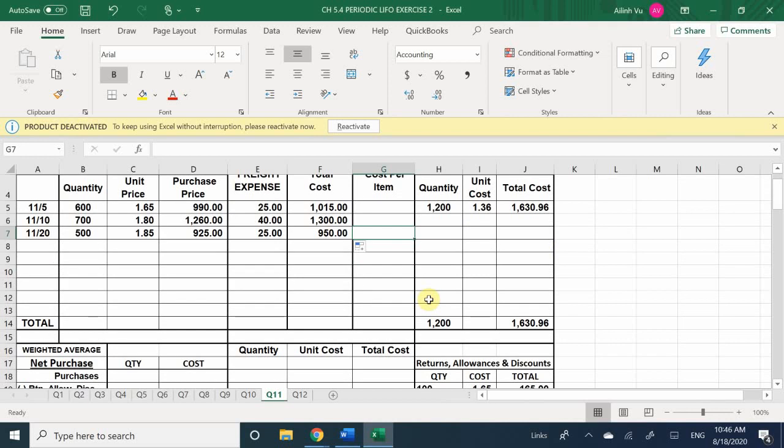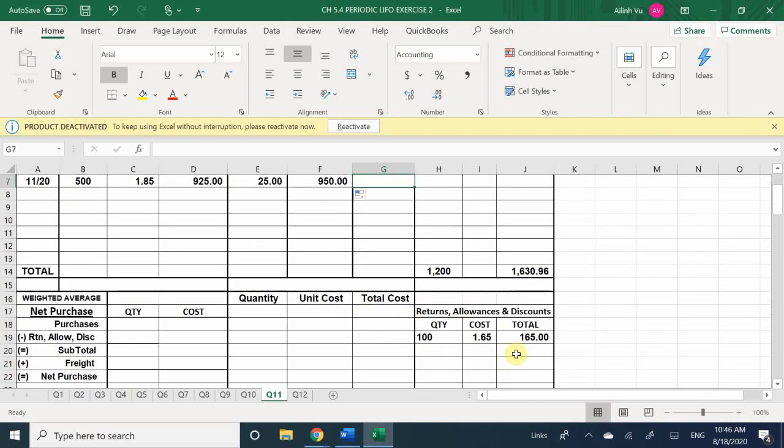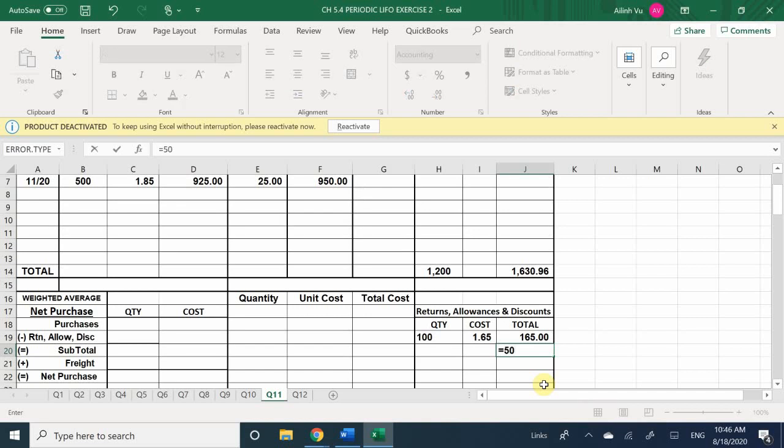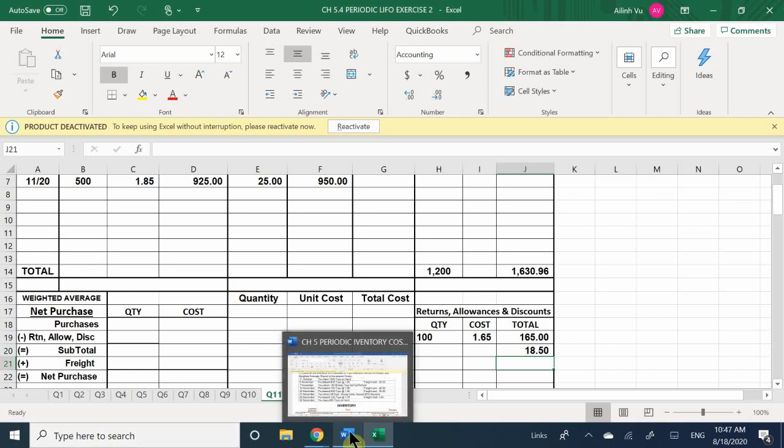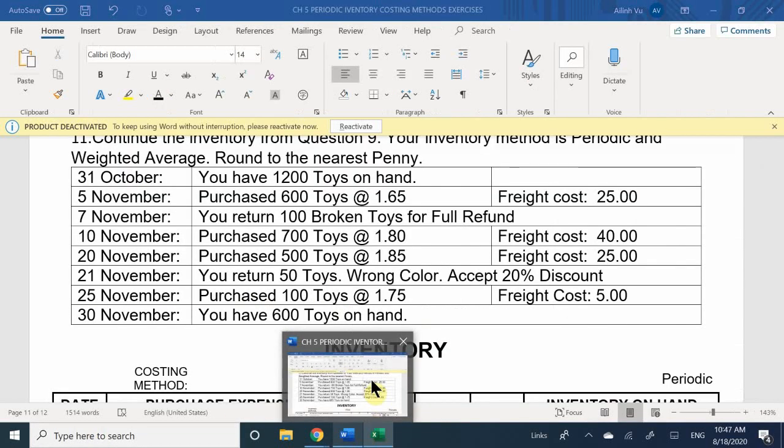Let's recognize how much we purchased each one for. We're returning 50 items at $1.85, and we want 20%. I got $18.50. Can someone verify that with me? That's what I got. Perfect.